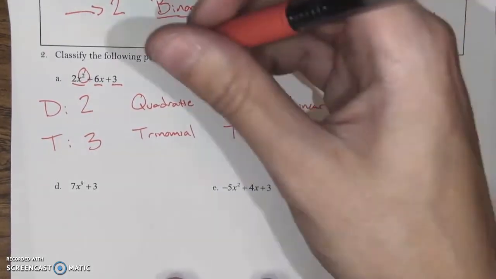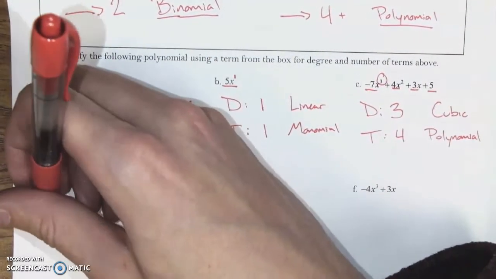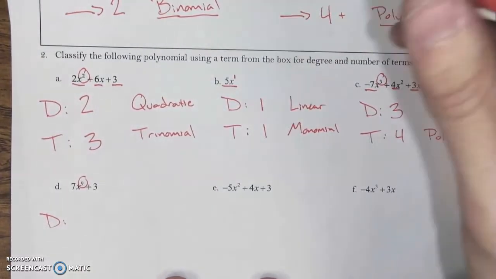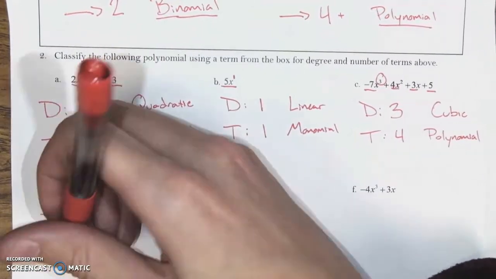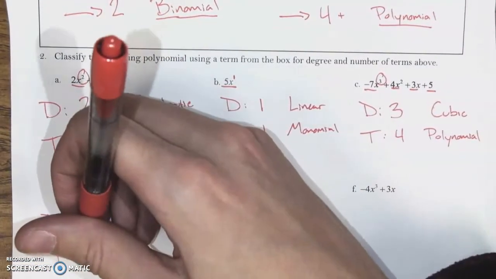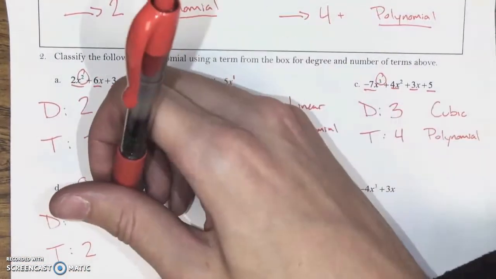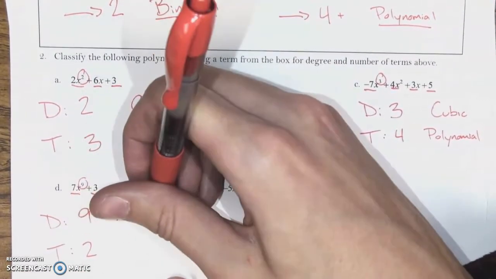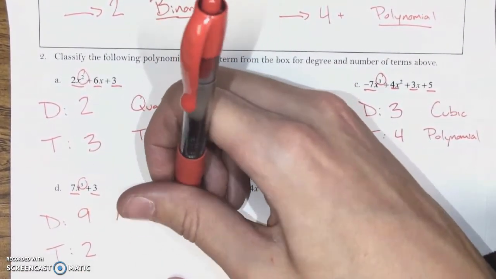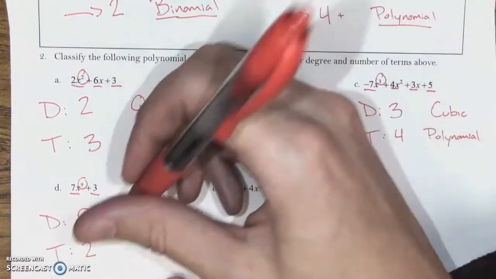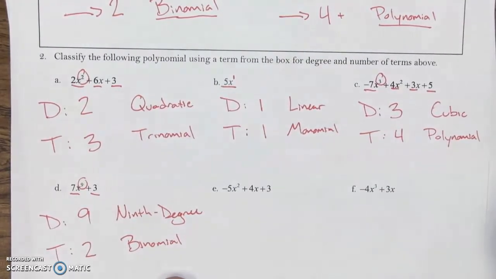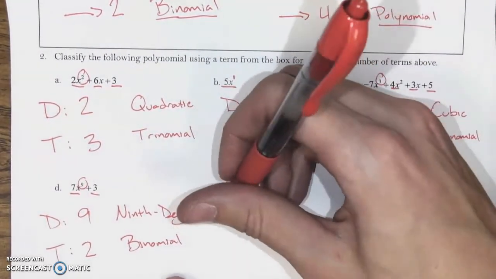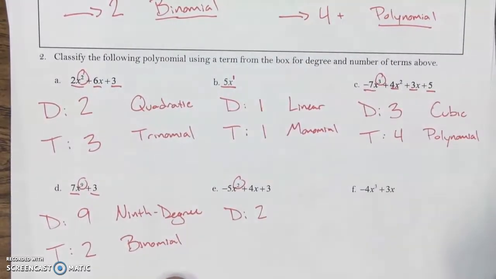Over here we have our highest degree is 9, our highest exponent. And then our number of terms, we've got 1, 2. So this we would just call a 9th degree, and then the number of terms, 2, so this is a binomial. This next one, our highest exponent is 2, so our degree is 2.